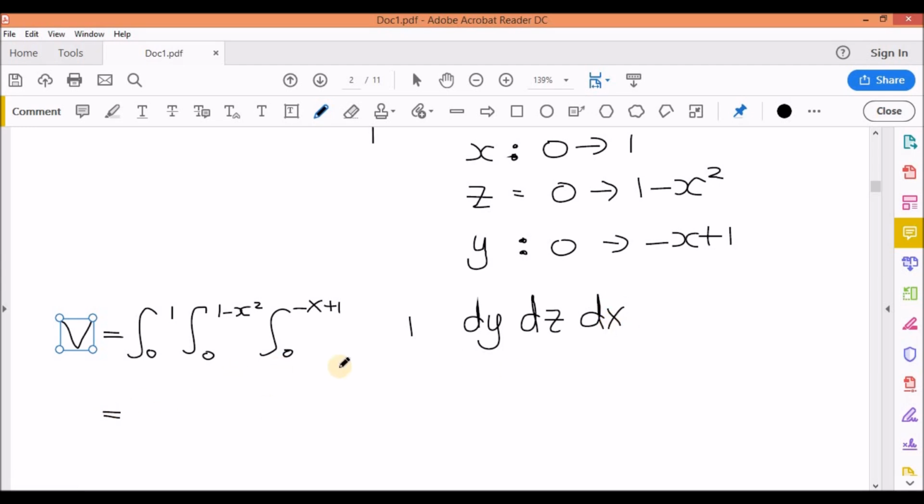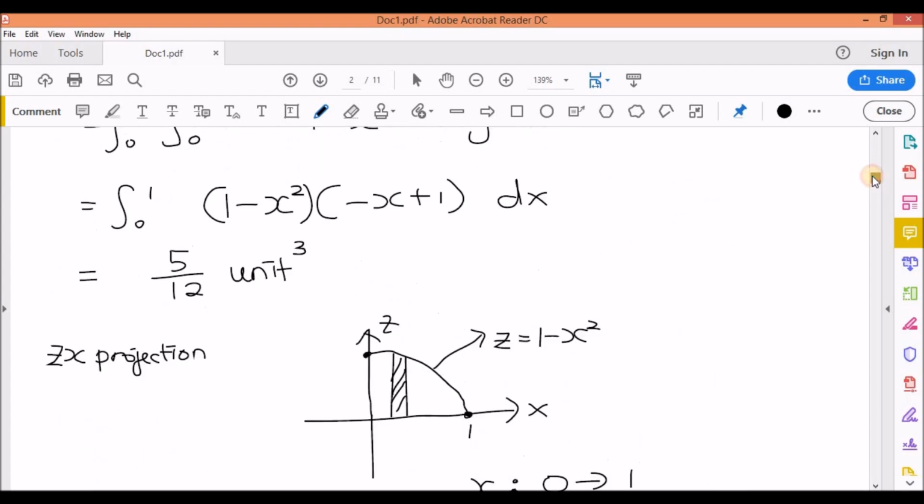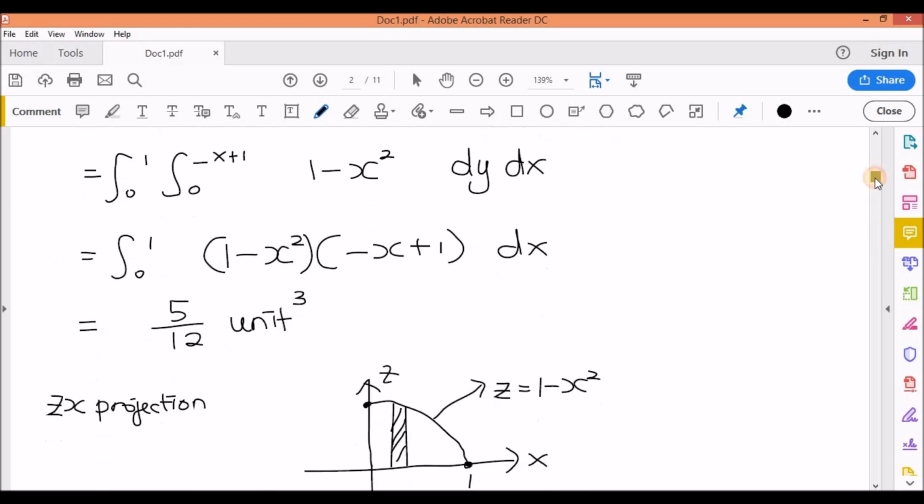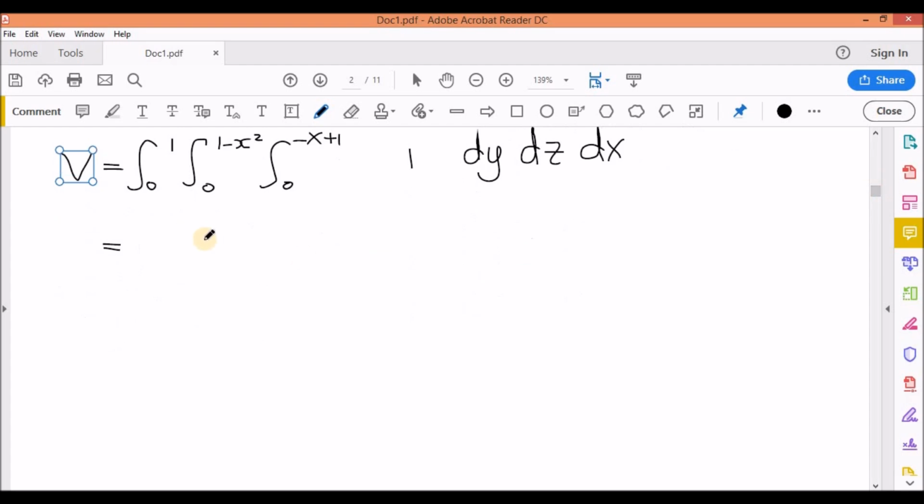So you can solve this one. If you compare this triple integral using the z-axis projection with the triple integral that you got using the xy projection, actually their intervals are almost the same, just the arrangement is slightly different because you chose the z-axis projection. So of course, if you do the integration, you also get the same result, 5 over 12 unit cube. So you can try it out yourself.